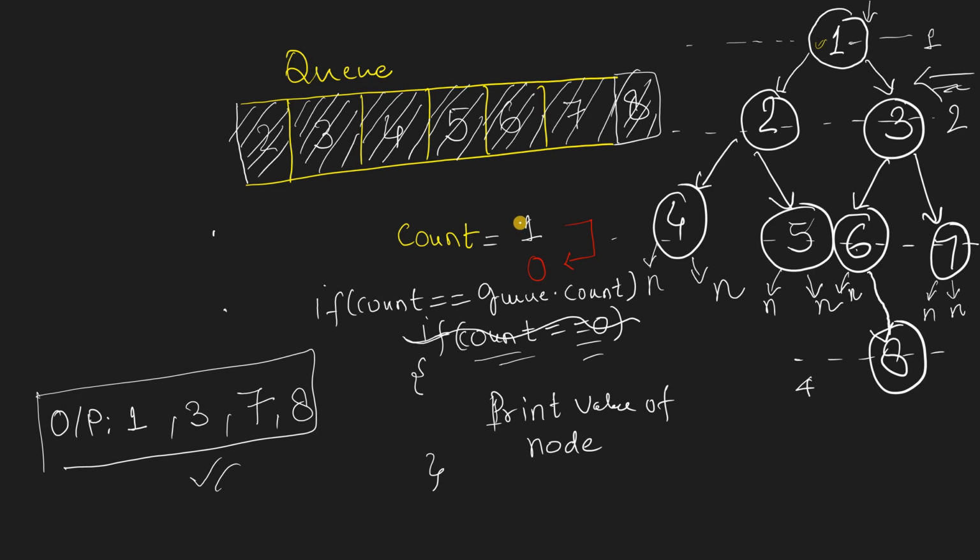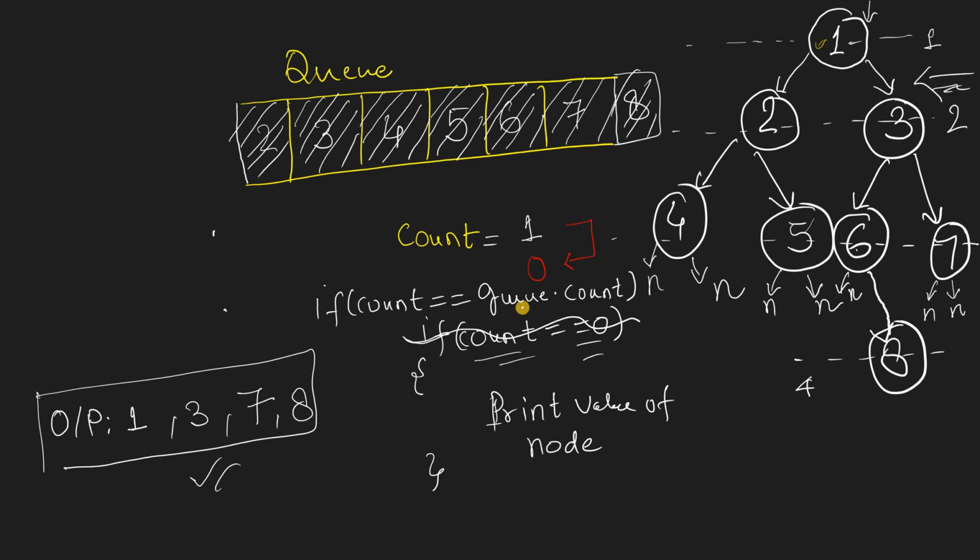So at the start, our count will be equal to q dot count. The only difference is that here we were printing the last element. That's why we were waiting for count to become 0. But in this case, we have to print the first element, right?